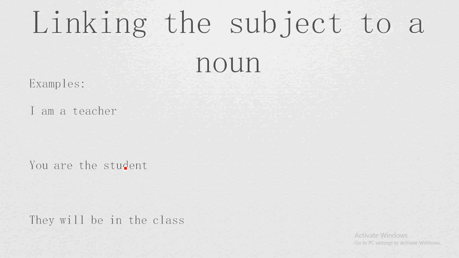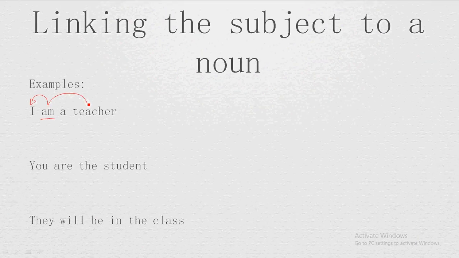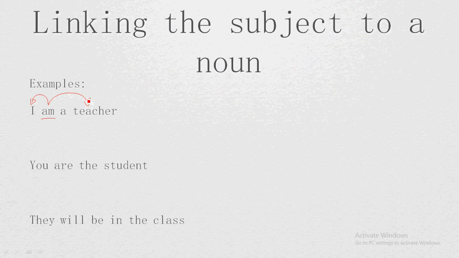Linking verbs can also link the subject to a noun. For example, I am a teacher. The linking verb am is linking the subject to the noun, which is teacher.